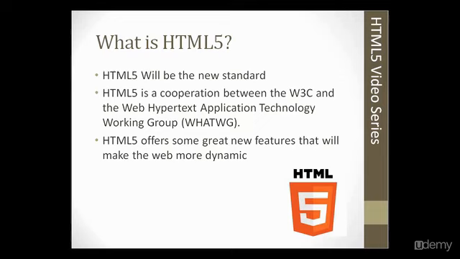But in 2006, they decided to cooperate and create a new version of HTML, which is HTML5. HTML5 offers some great new features that will make the web more dynamic and more interactive. Up to this point, we've talked about standard HTML, but we're really going to get into the new features in the coming chapters and sections.